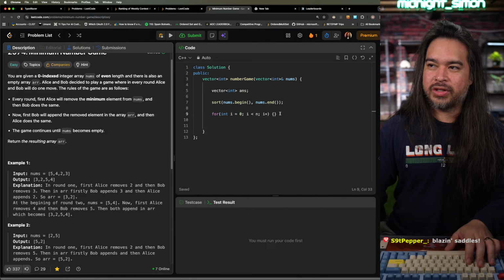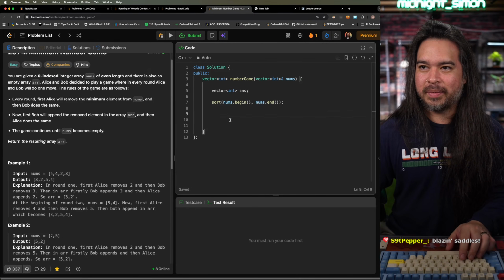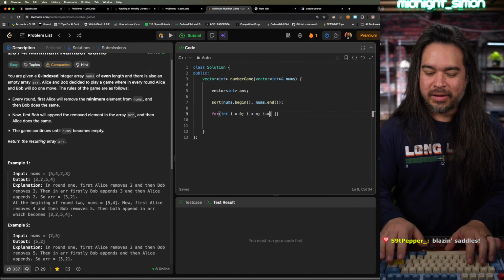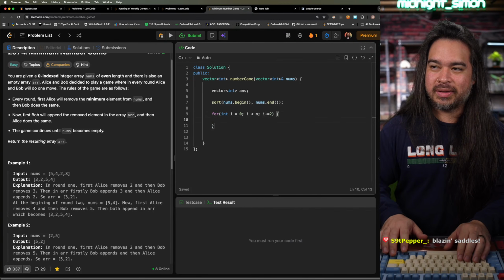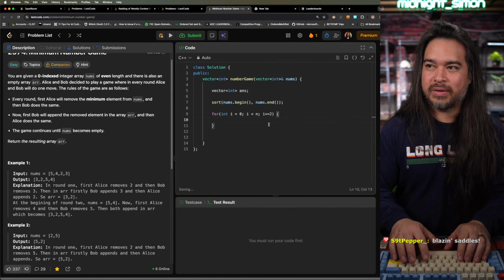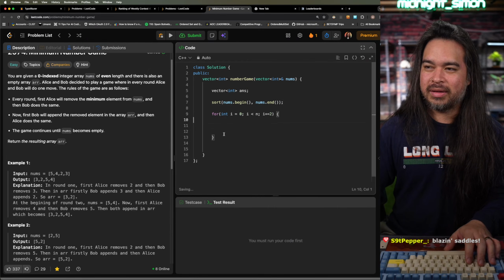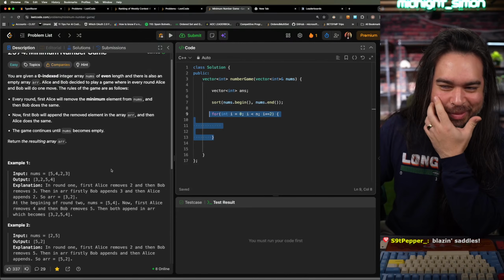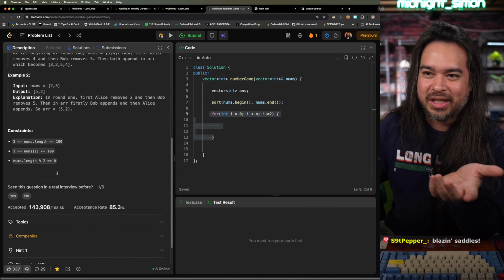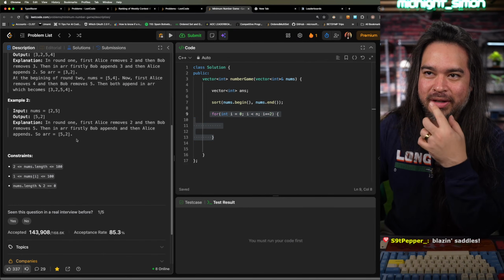Wait, I want to do it in chunks of 2, but I don't know what I'm doing, man. All right, I guess I'll do it like this. I iterate over every index in chunks of 2, and then I'll take. No, I don't like this because there's some edge cases, man. Like, what if it's not an even number in nums and it's odd?